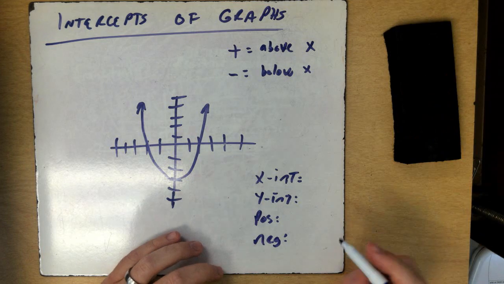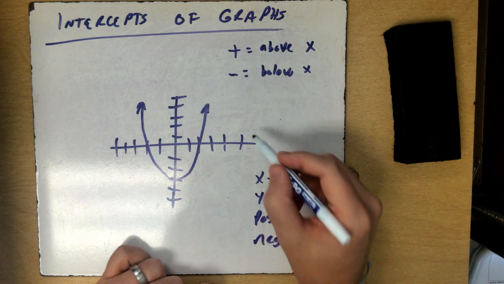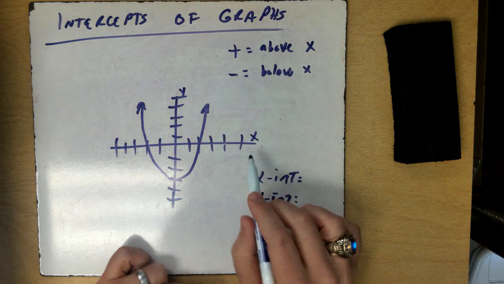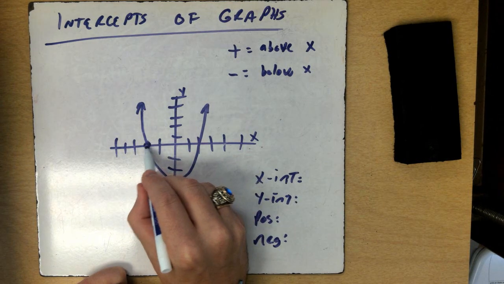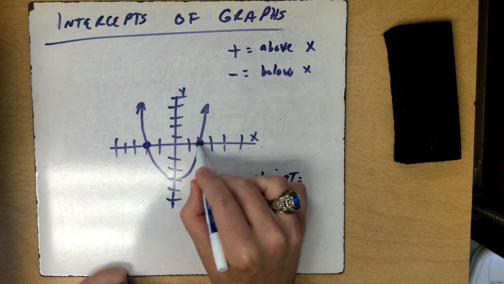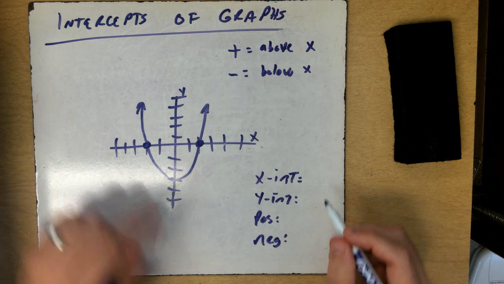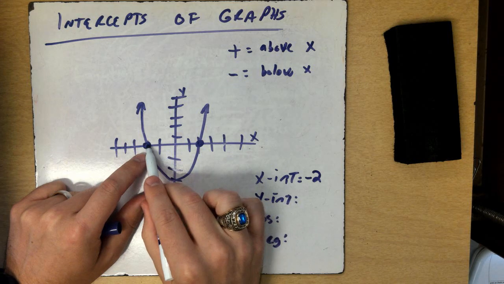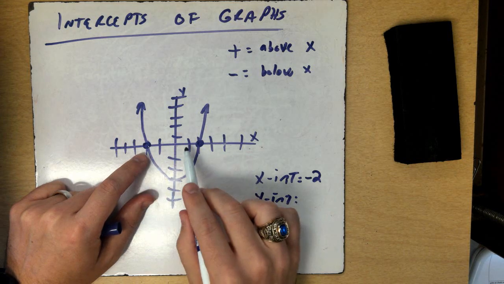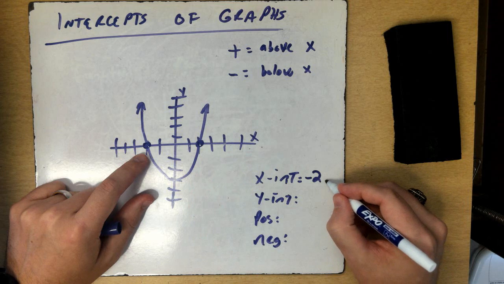So, x-intercepts: where does it cross the x-axis? If you look, it crosses twice actually. It crosses here and here. So there are two x-intercepts. We have one at negative 2, 1, 2, going left is negative, and one at positive 2.